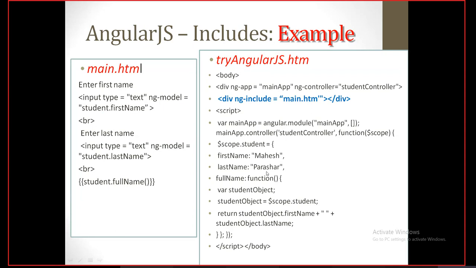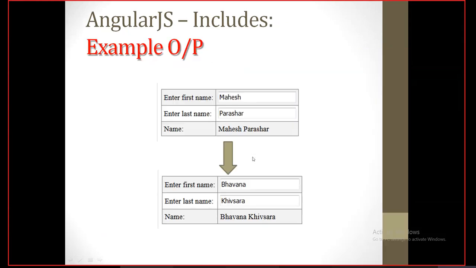That is how it goes. A simple use of the include directive. As you can see, the output will first show whatever the value was. Next, if we insert some other value, it will show the corresponding result over here.